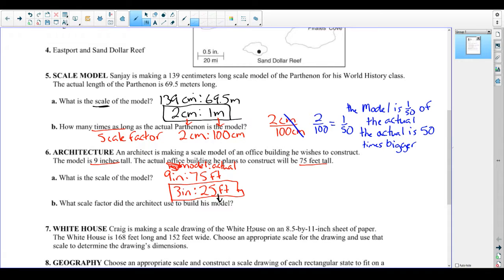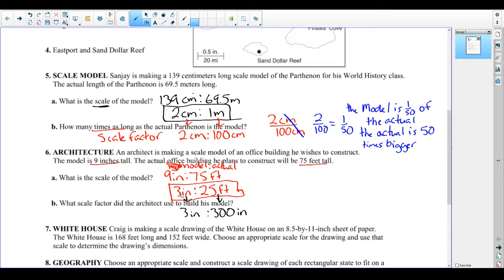Since there are 12 inches in 1 foot, 25 times 12 is 300. So 300 inches. And 3 inches is already in inches.